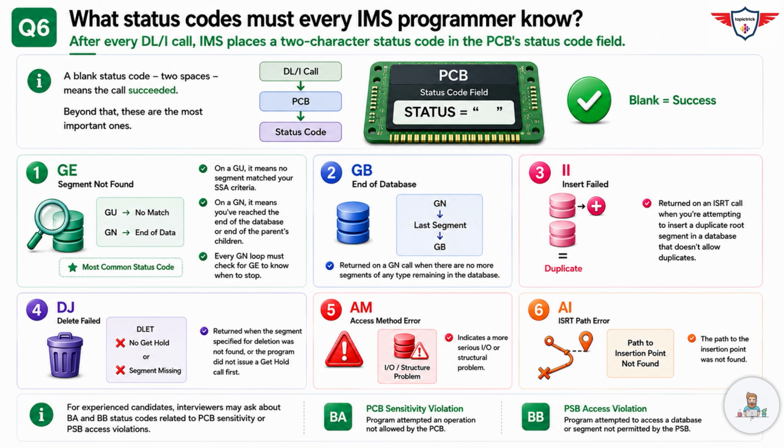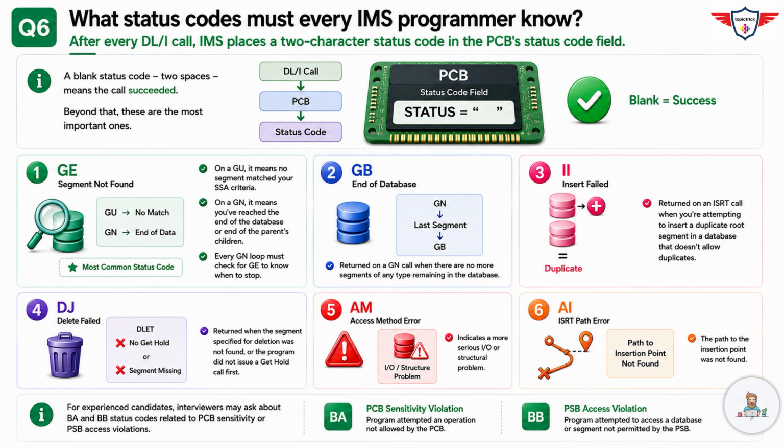Now the next one is DJ, that is delete failed, and you generally get this particular status code when the segment specified for deletion was not found or the program did not issue a get hold call first. Now the next one is AM, that is access method error, and it indicates a more serious input output or structural problem.